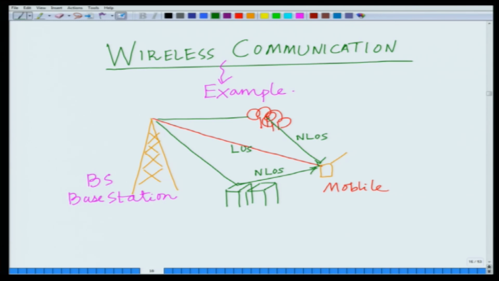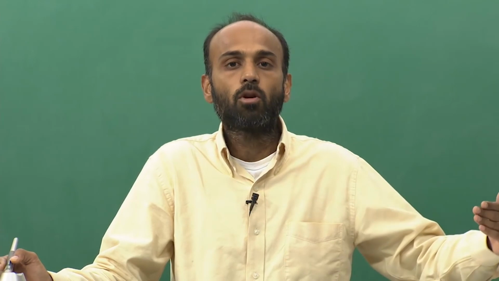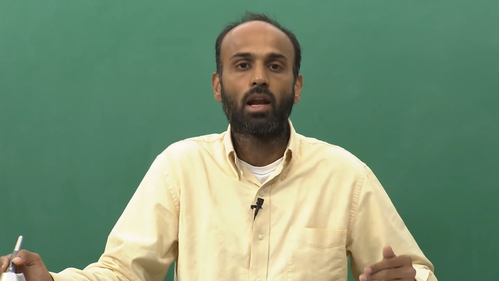In a wireless communication environment, we have a transmitter and a receiver. There is no dedicated medium, or there is no guided propagation medium between the transmitter and receiver. Therefore, there is a signal that is radiated into the space by the transmitter. This propagates along a direct line of sight path from the base station to that mobile. So, there is a line of sight, which is also represented by the nomenclature LOS, which stands for line of sight.